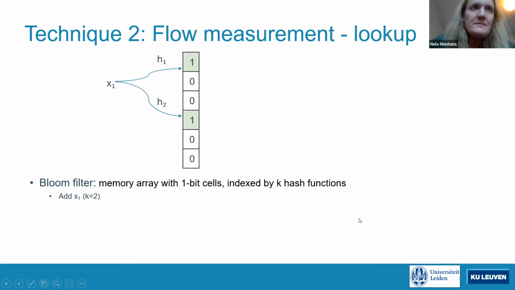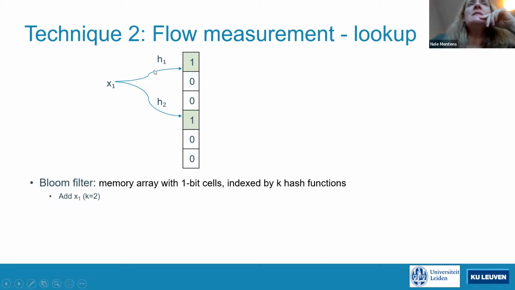When we want to add a certain flow ID, this 96 or 104-bit value, if this were a normal memory, we would just add the whole value to this memory. In this case, we perform multiple different hash functions, in this example 2 hash functions, on this value.